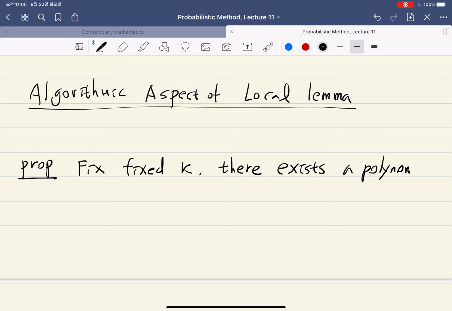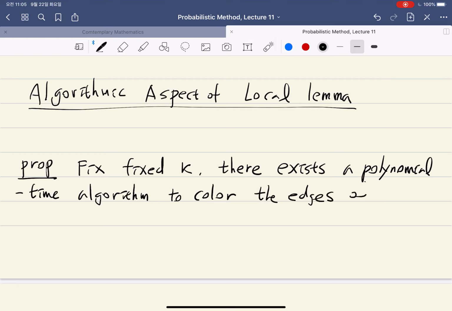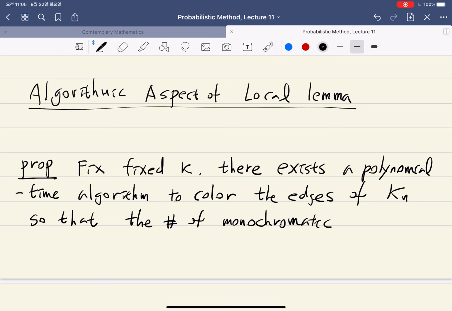So we can actually ensure a polynomial time algorithm to color the edges of K_n, so that the number of monochromatic copies of K_k is at most n choose k times 2 to the 1 minus k choose 2.